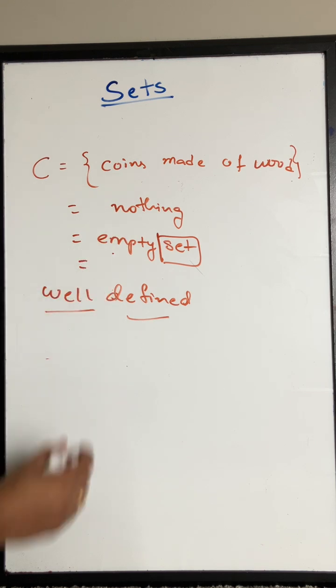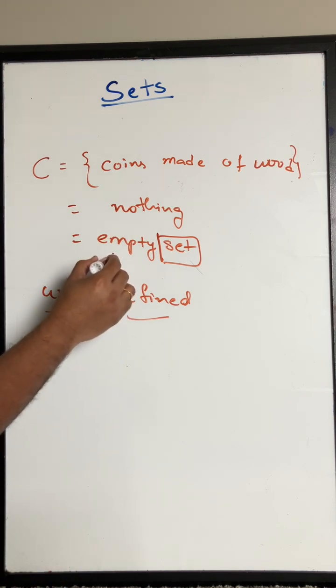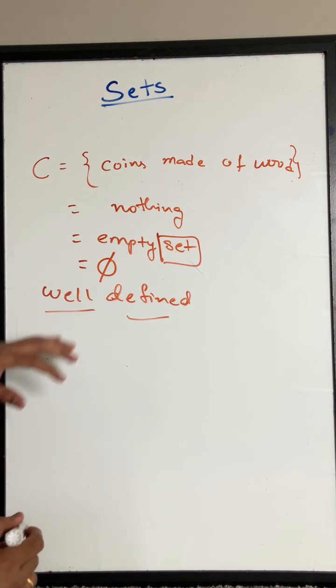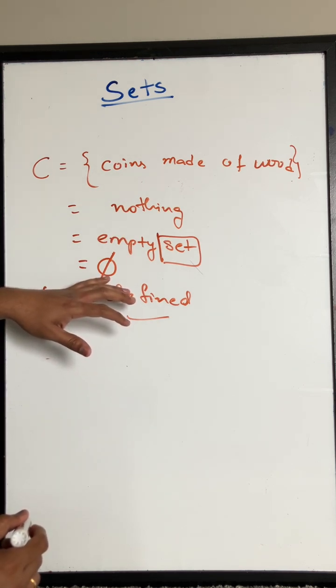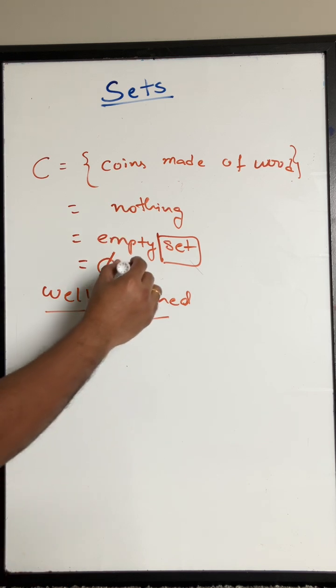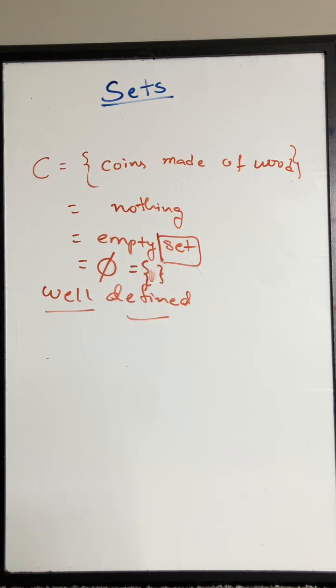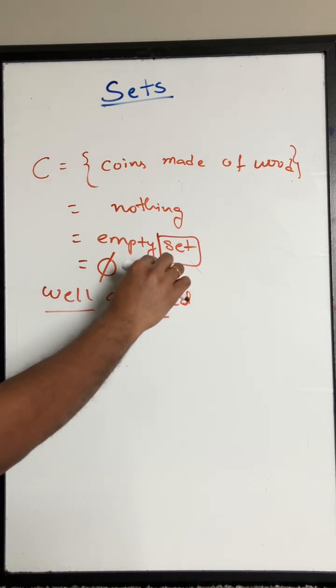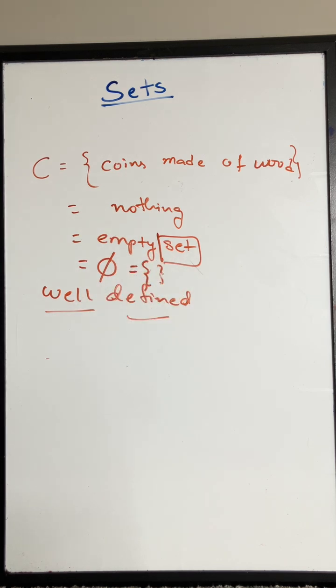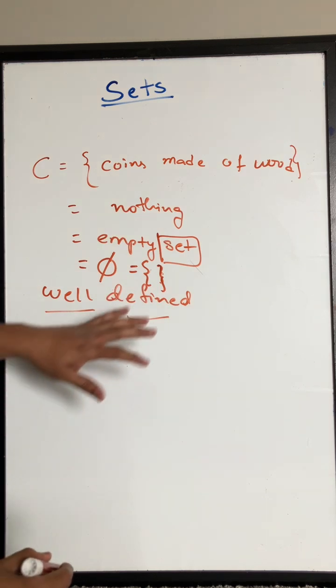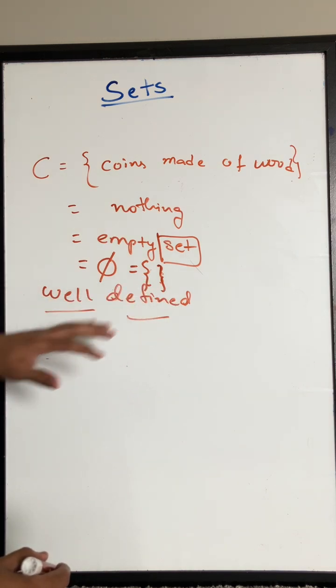Generally, for the empty set, our mathematicians gave a different symbol, pi. This is called pi, and we can denote it like this, or else like this. No elements in it, including 0. You should not write 0 also, because 0 is also an element. There should be nothing inside it, just curly braces. This is called the empty set.